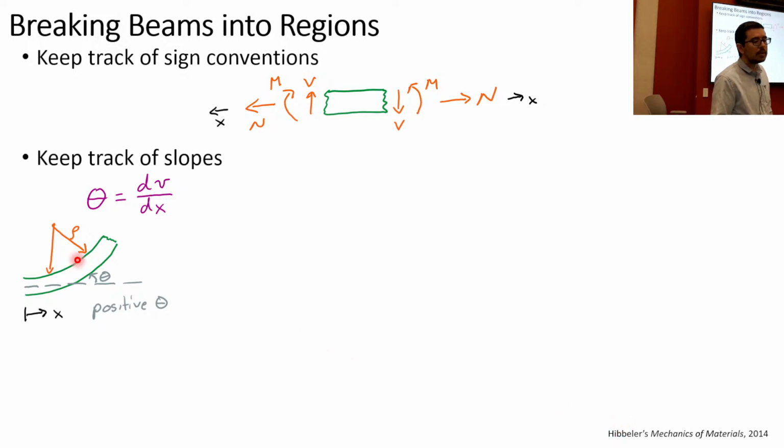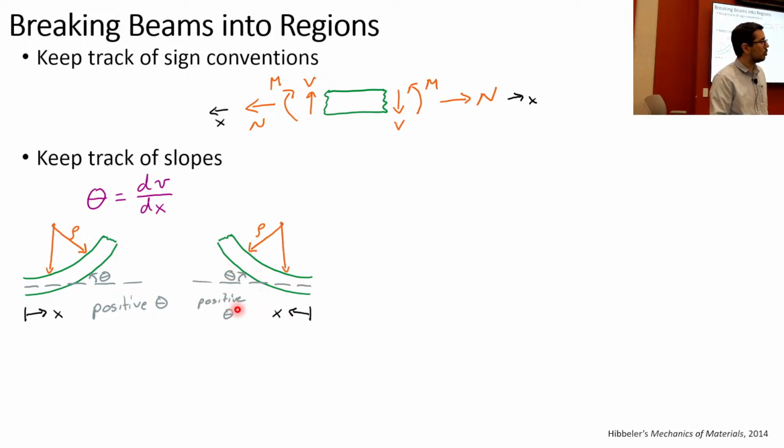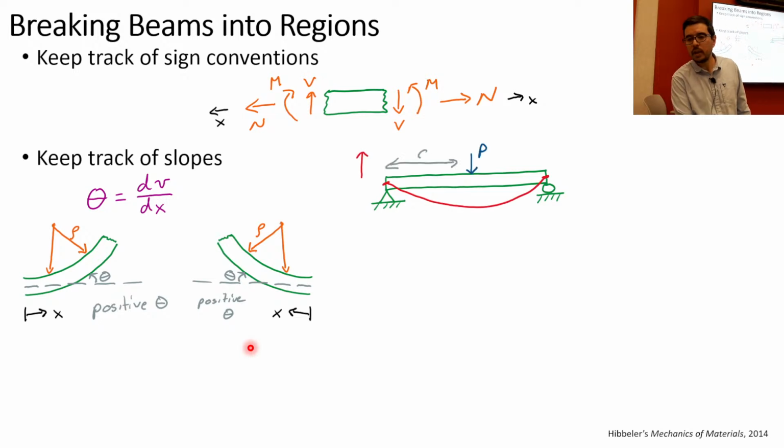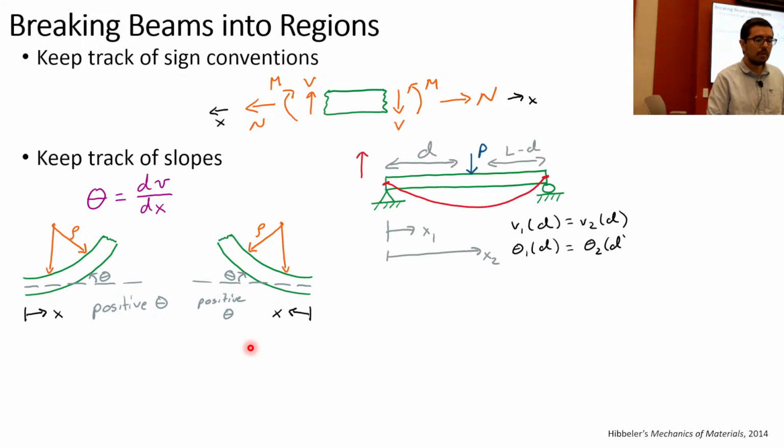Look, this is a positive slope coming from the left. Does that look like a positive slope that's really happy? If I go from the other direction, my x, this is also a positive slope. What happens though is I will think about using coordinates from the same direction, and then this is valid.